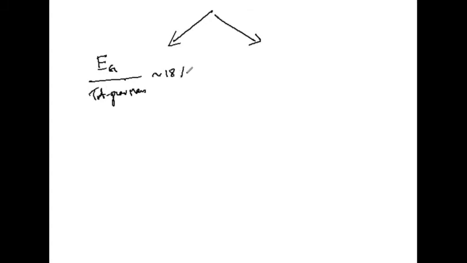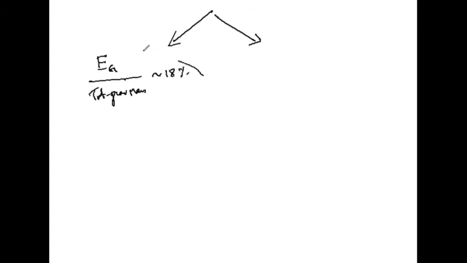Now remember, in the class today we talked about two very important things. One is the gravitational energy divided by the total gravitational mass, and we found that this number is approximately 18%.